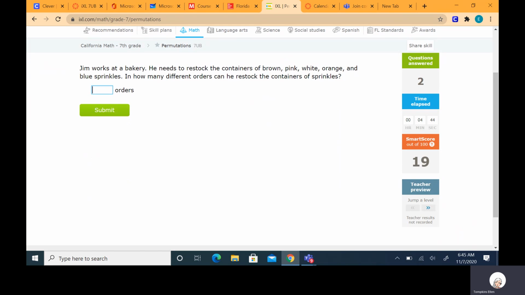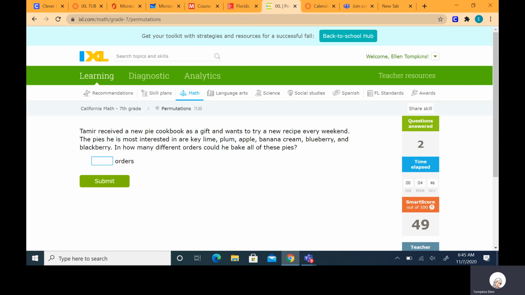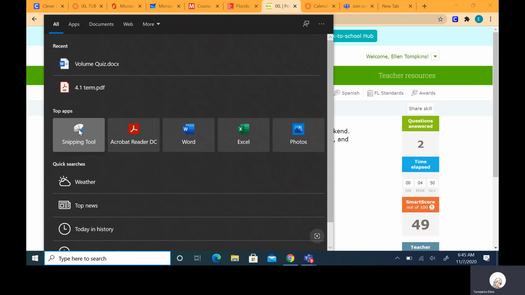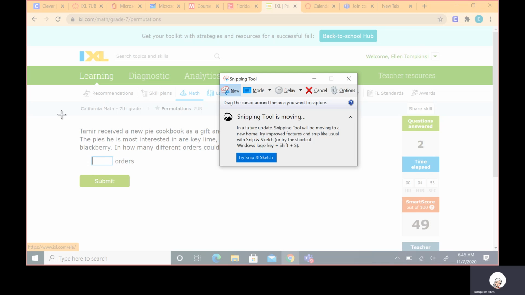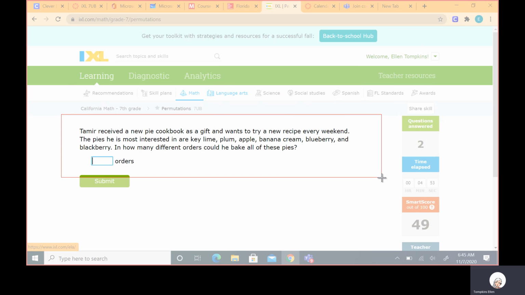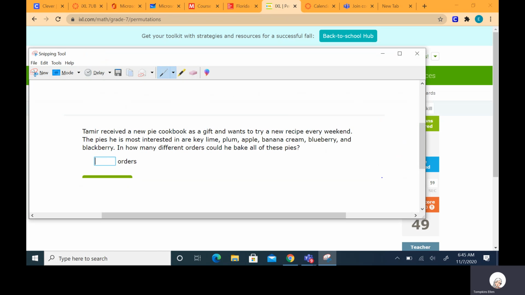All right, and if we jump up a level, let's see. I'm going to go ahead and snip this so I can write on it. A new cookbook as a gift and wants to try a new recipe every weekend. So here are our choices right here.